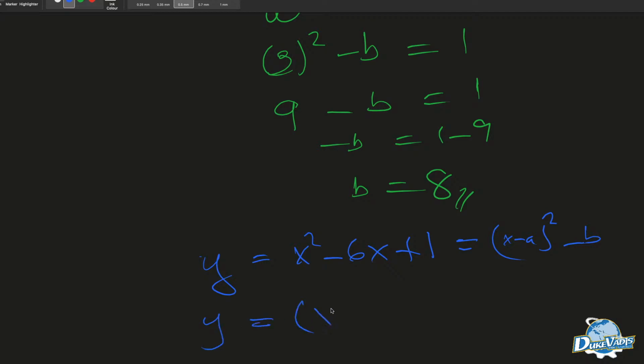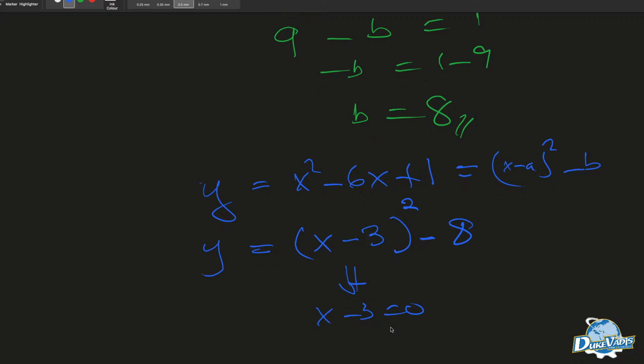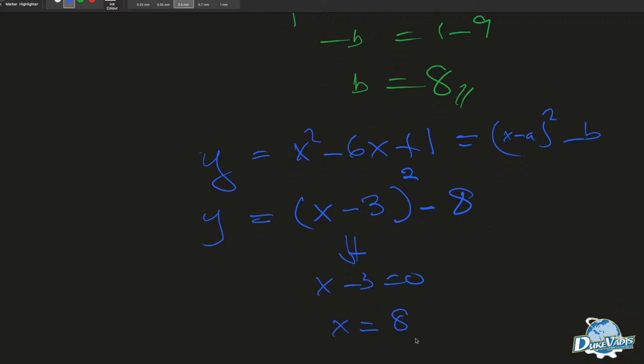x minus a, our a as we calculated was 3, and the b was 8, squared. So meaning here we can say that x minus 3 equals 0 is the value of x at the turning point, and the y is equal to negative 8.